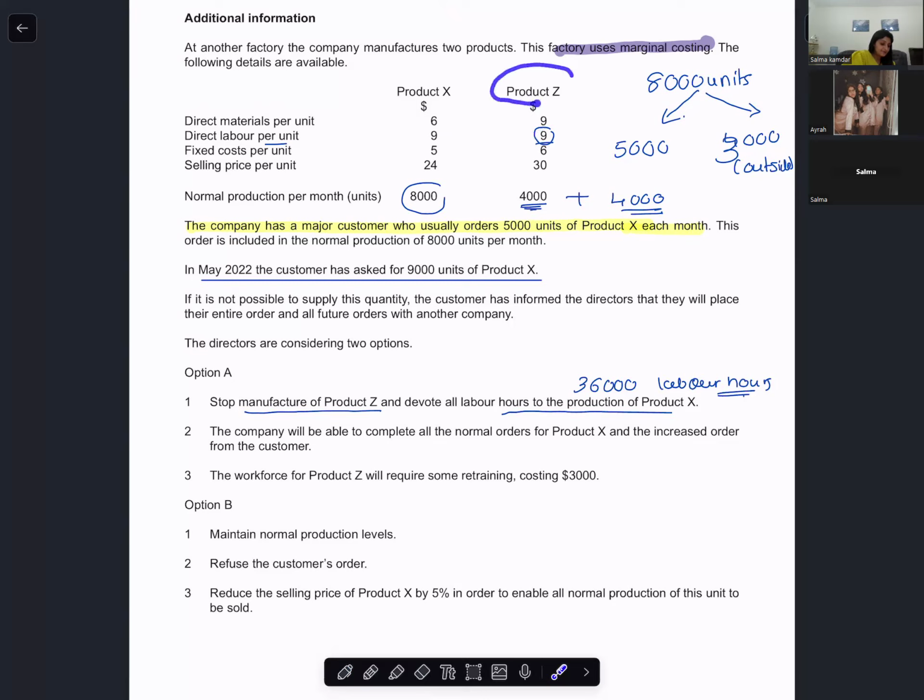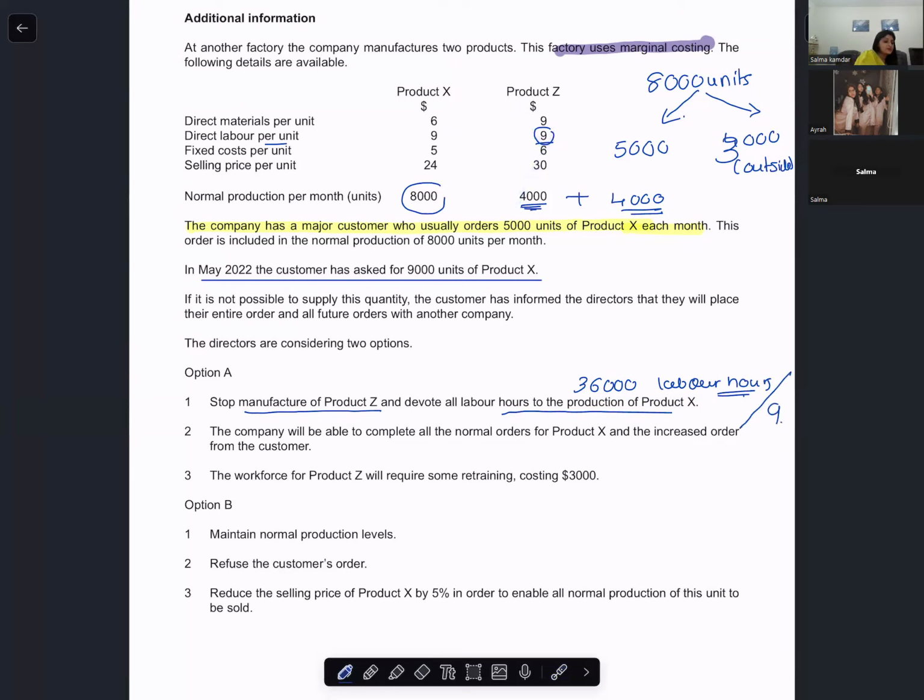Product Z per unit takes 9 hours, and I used to produce 4,000 units, so 36,000 labor hours are in surplus. Product X also takes 9 hours per unit. So if I stop producing product Z, I can make 4,000 units of product X. Or otherwise you divide it by 9.